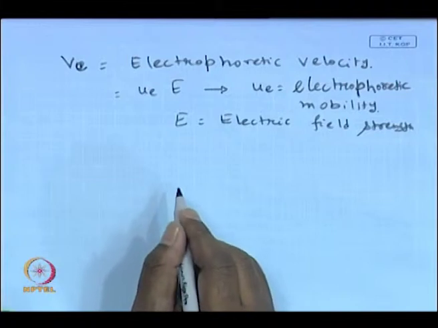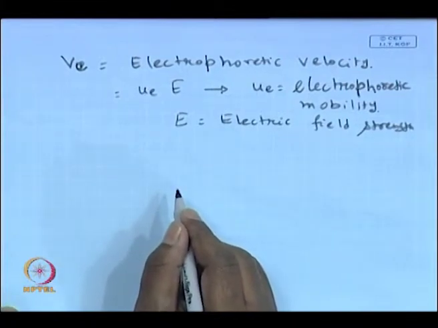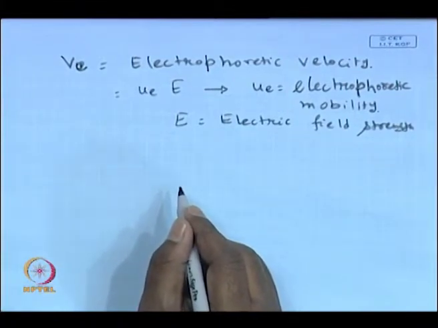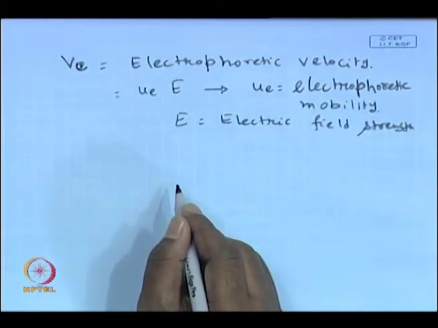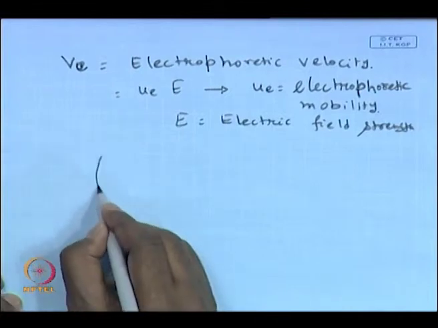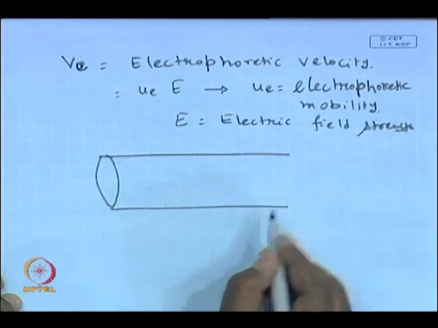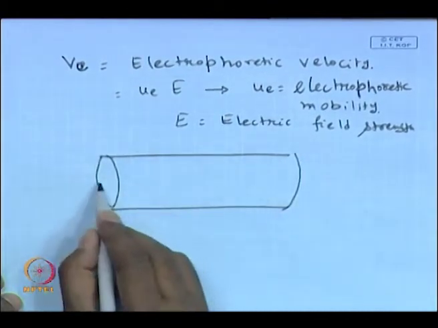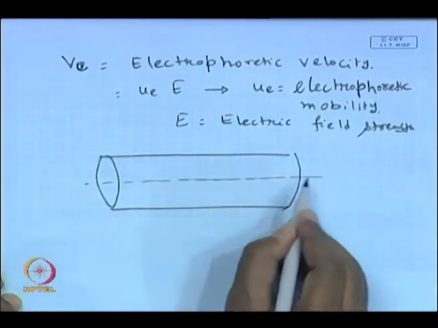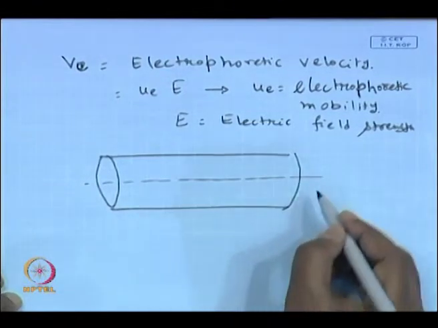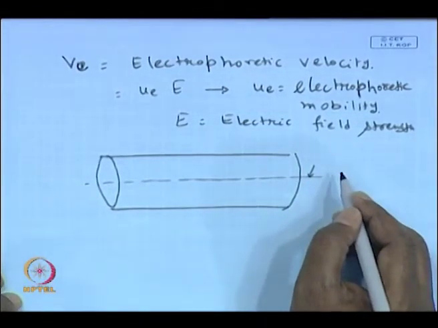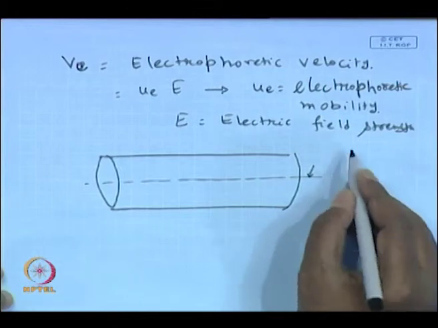How do you get the external electric field in this particular case? Because you are going to have the membrane on the surface of the tube, that will be one electrode. Where is the other electrode? It will be something like this. This is the wall, and in the central line you insert a plate or a tube of titanium.